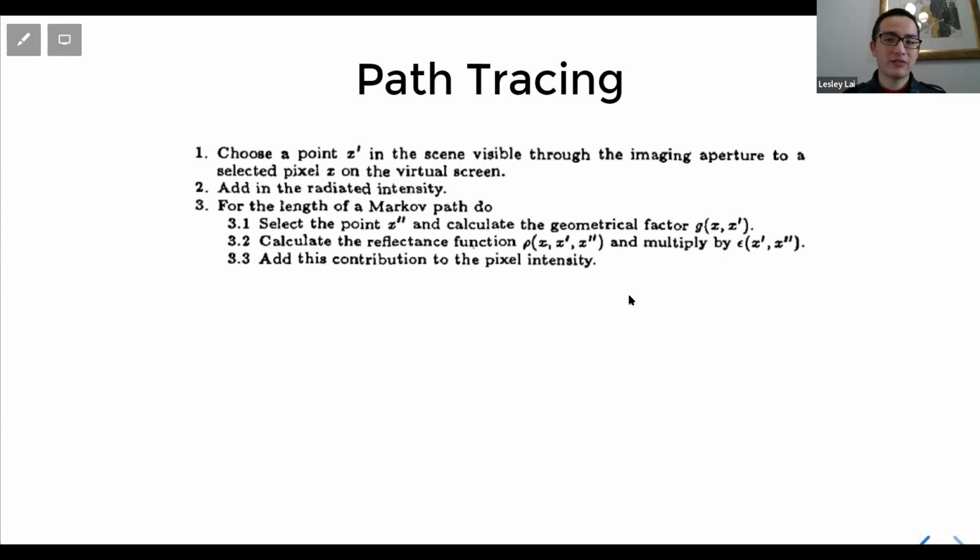And then we add the result to the pixel intensity. Then for the length of the Markov path, we select another point x double prime and then calculate the geometry factor. Then if the geometry factor is not 0, we calculate the reflectance function and then multiply by the, I think this is a typo in the original paper.